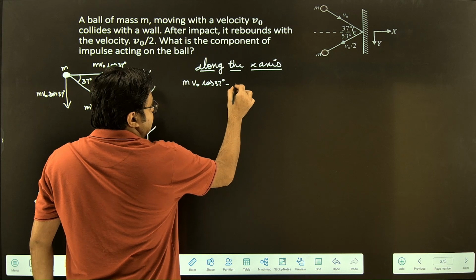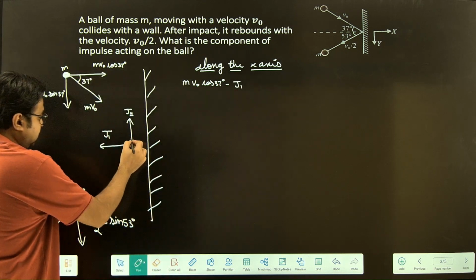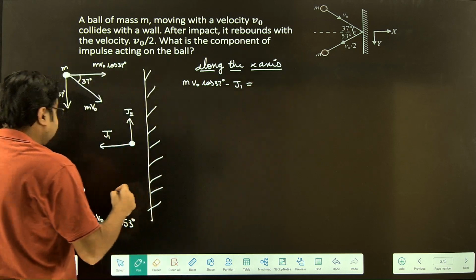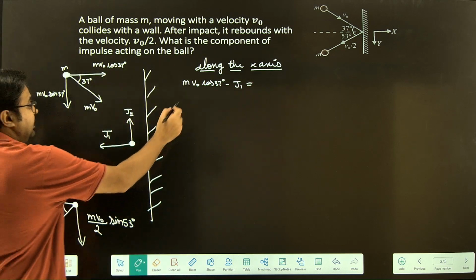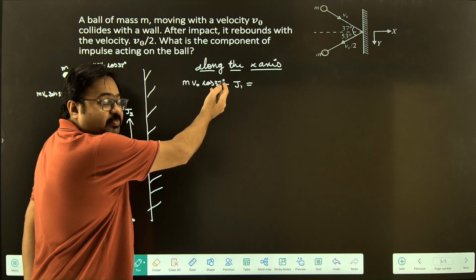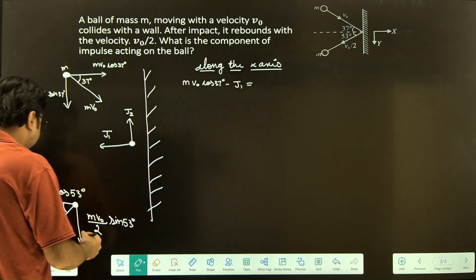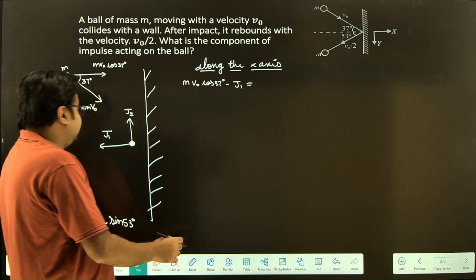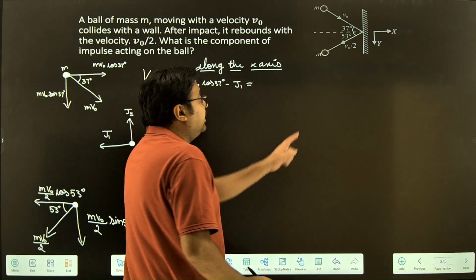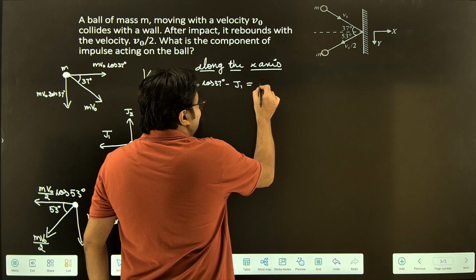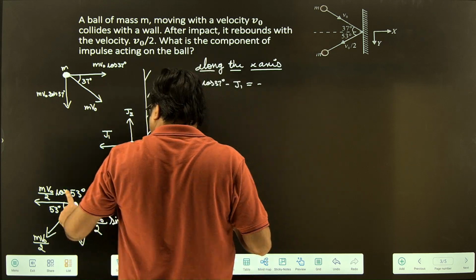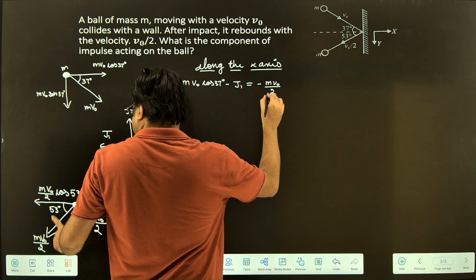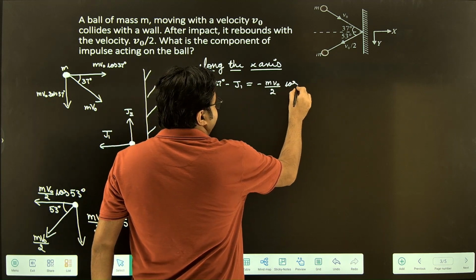So minus J1, because again negative x, that is equal to the final momentum. Initial momentum plus the impulse should give you the final momentum. The final momentum is mv naught by 2 cos 53 degree, but that momentum is along negative x-axis, so I shall put that with a negative sign. We have mv naught divided by 2 into cos 53 degree.